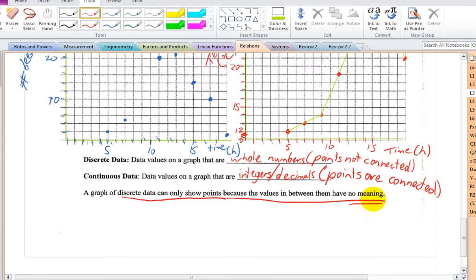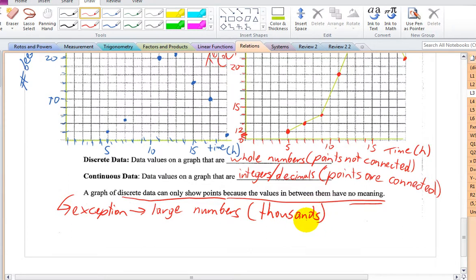Right. Now the exception is with large numbers. So for example, if I'm plotting the number of houses I sold in the Fraser Valley, you'd be looking at things like in the thousands, right?